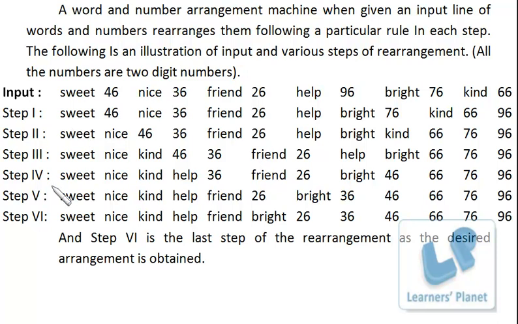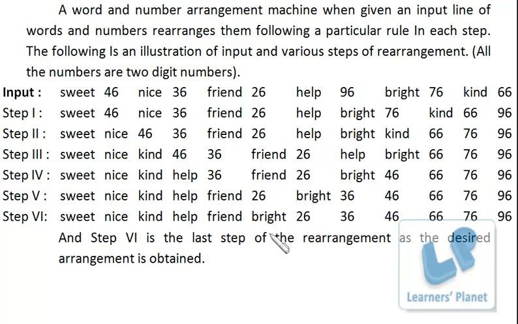Here the input is sweet, 46, nice, 36, and so on, and see the last step. Step 6 is the last step of arrangement, and we can see numbers are on the right hand side, the words are on the left hand side. In case of words B, F, H, K, N, S, that means it is reverse order, S, N, K, H, F and B, right?